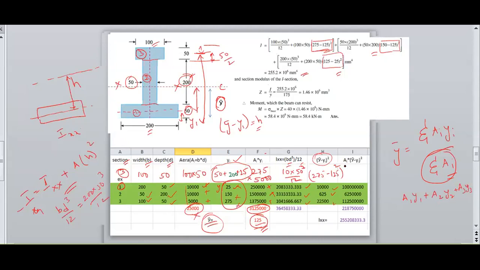Next, I need to multiply with the area. This is A1, this is A2 and this is A3. So I need to multiply each and every value with its area.